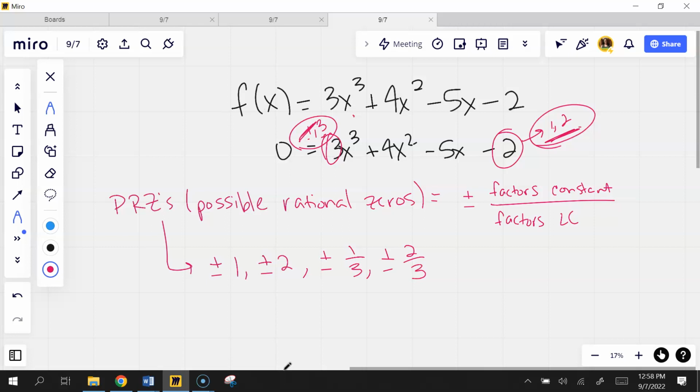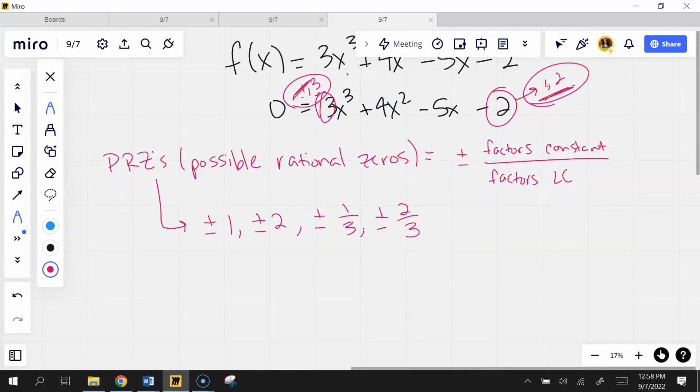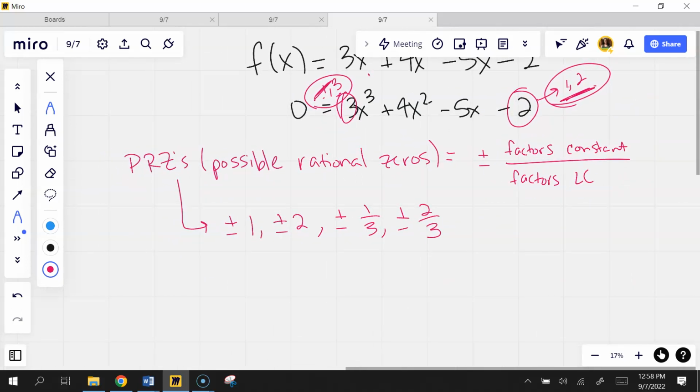However you see it best to make every possibility, just make sure you do all the possible ones. These are possible zeros. They may or may not be a 0. Those are factors of the constant divided by factors of the leading coefficient.